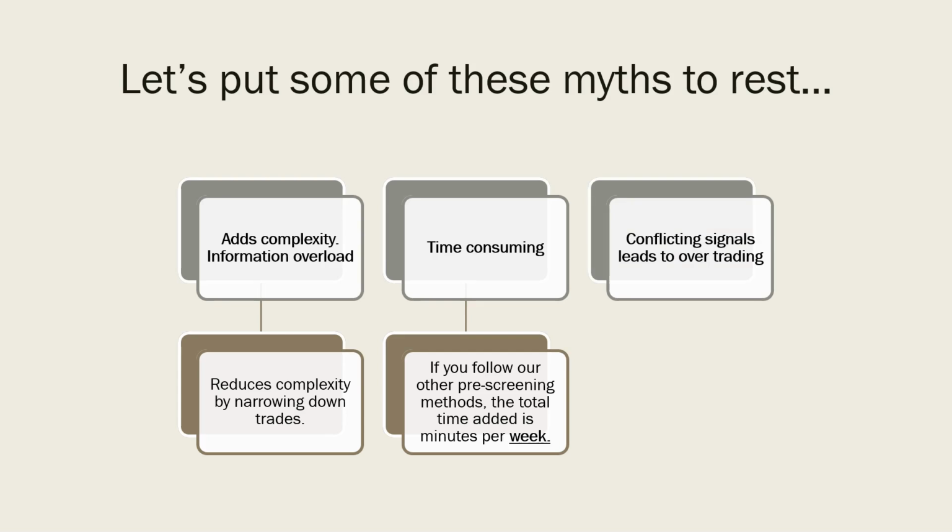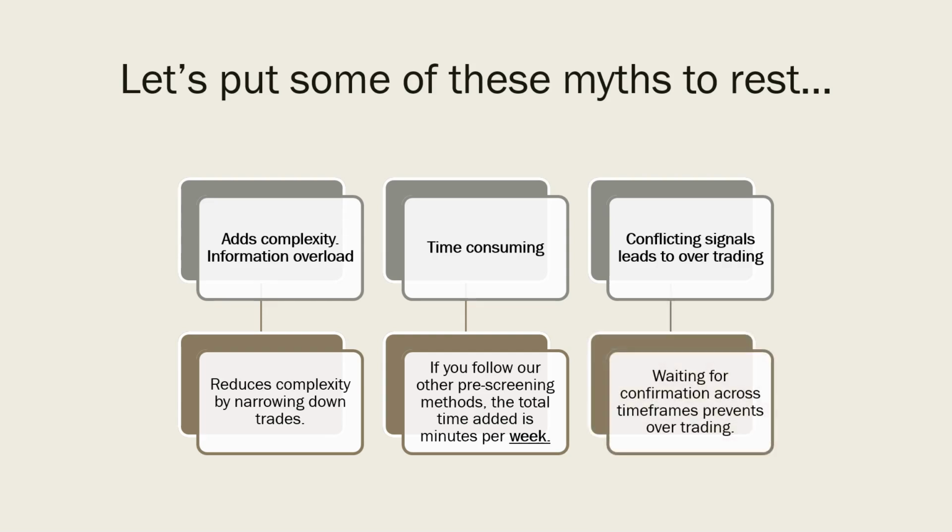Last myth that I'd like to put to rest is that multi-time frame analysis leads to over-trading. I kind of mentioned why in the first part, but waiting for confirmation across time frames will actually prevent you from over-trading.